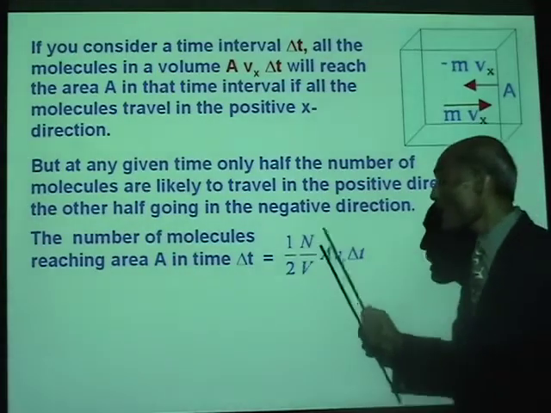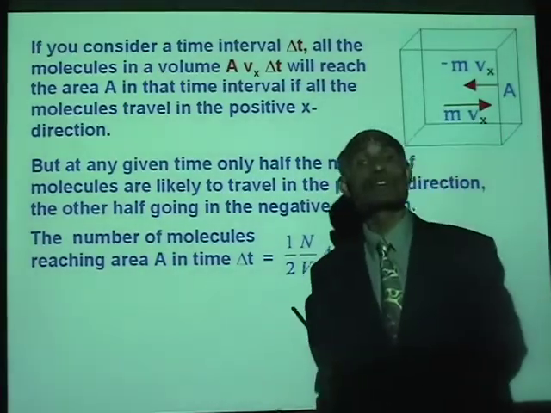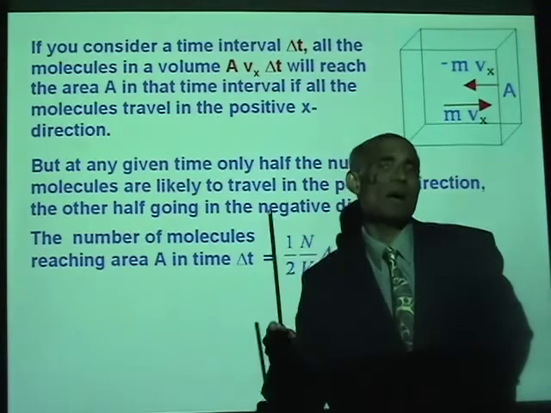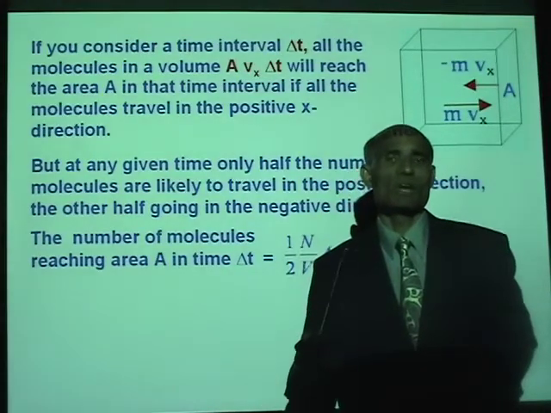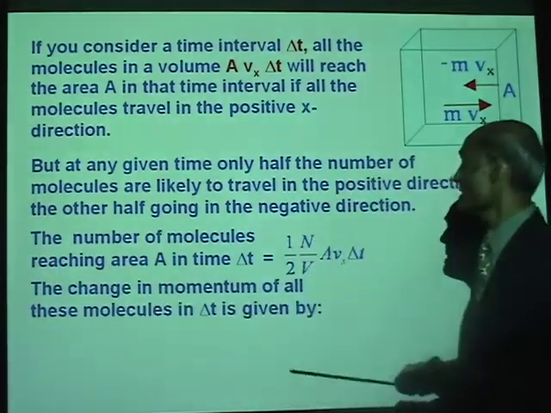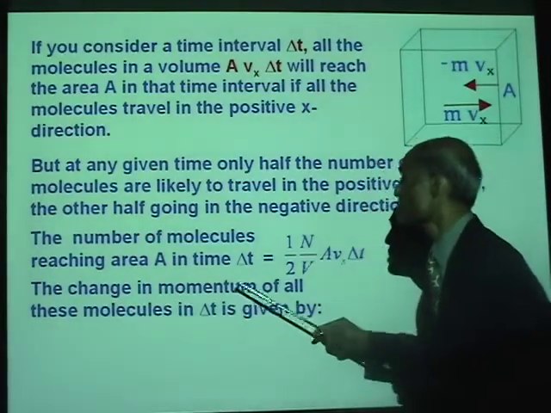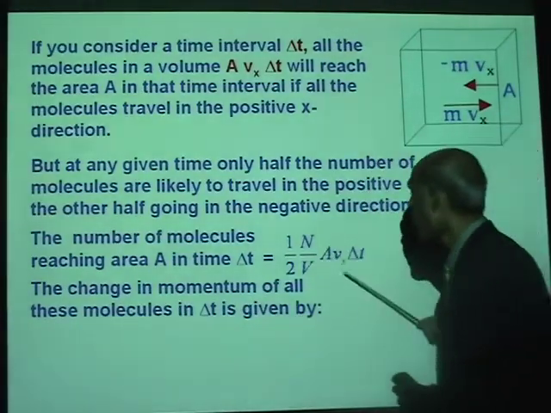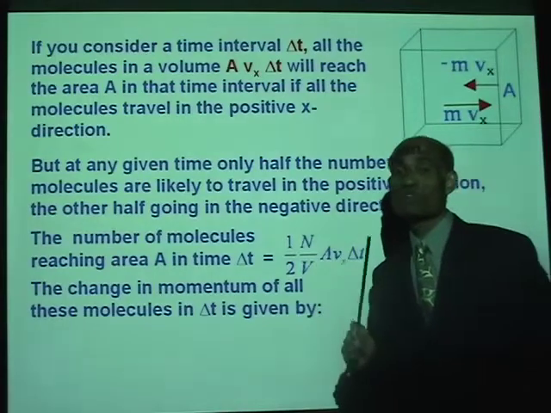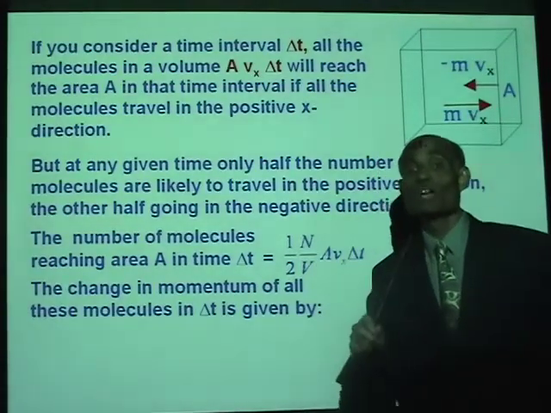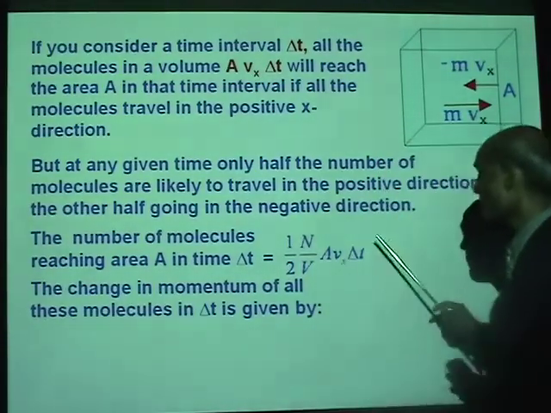And each of these molecules will undergo a change in momentum by how much? If you remember, 2mvx. So what is the total change in momentum of all these molecules? The change in momentum of each molecule is 2mvx.